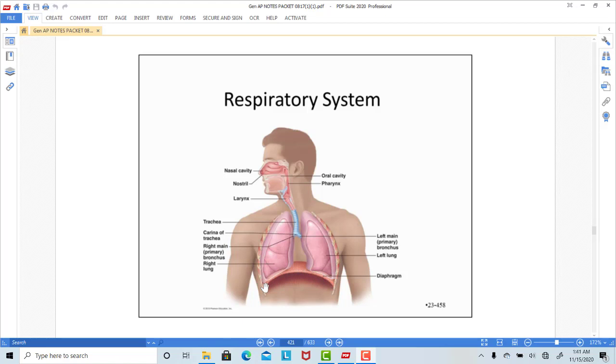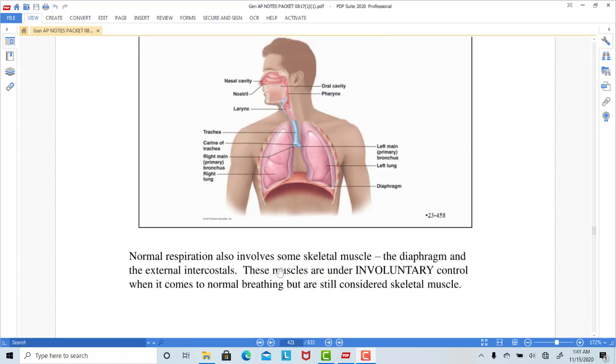And another muscle that's important for breathing are the external intercostals. So these muscles lie between the ribs, and when they contract, they pull the ribs up and out. And when the diaphragm contracts, it flattens and moves down and makes the chest cavity, the thoracic cavity, larger in volume. And we'll talk more about that as we get along.